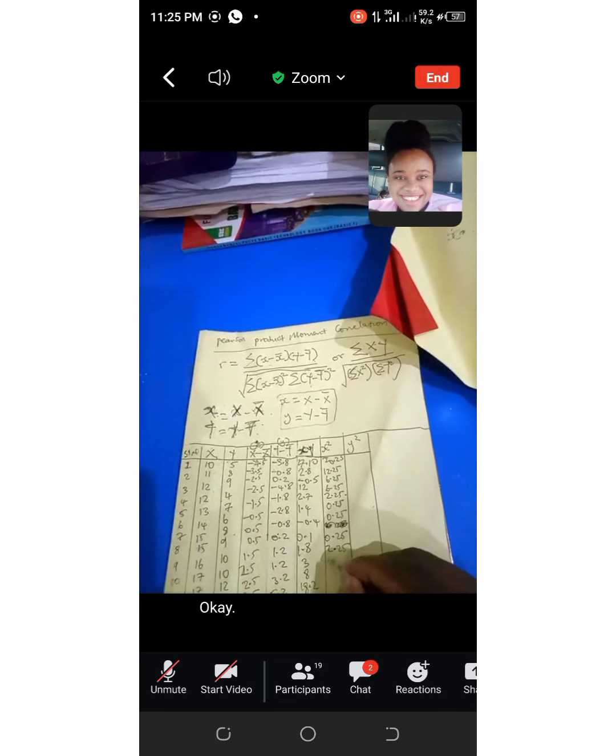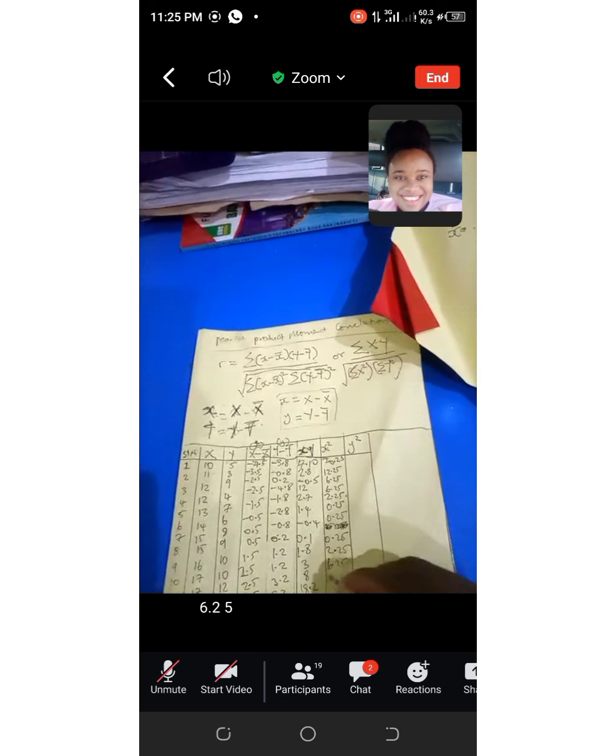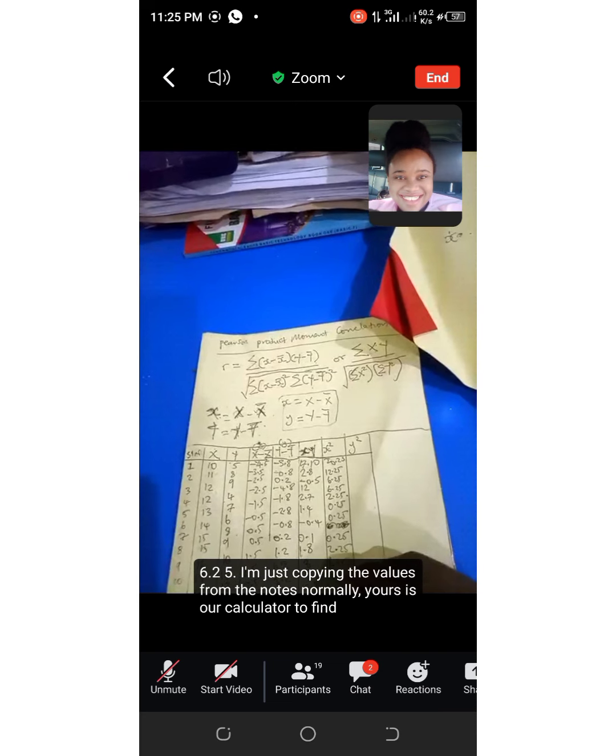I'm just copying the values from the notes. Normally, we just use our calculator to find it, but we already have the values, so there's no need to find them.